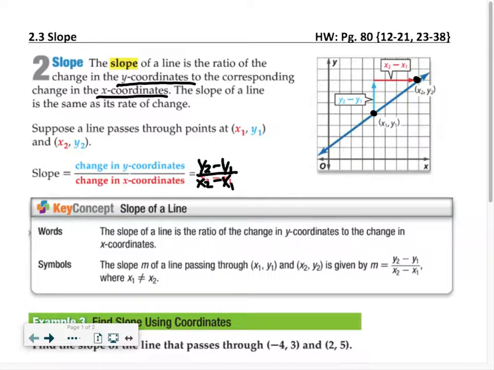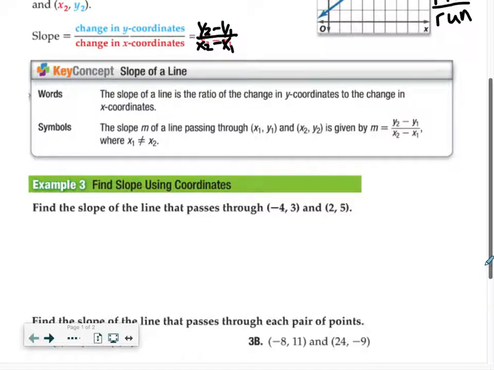So that is the formula for slope. Just use two ordered pairs, or we can also use the idea of rise, change in y, over run, change in x. So we can use rise over run if we've got a graph.